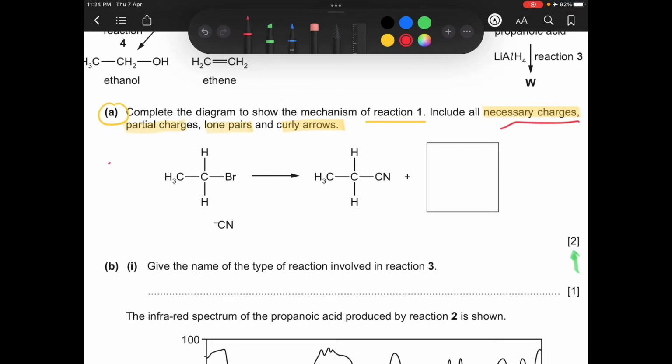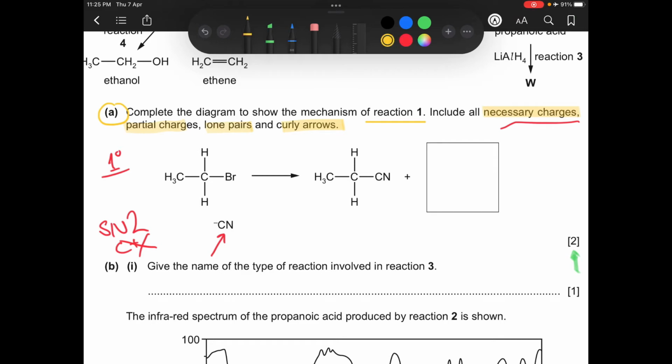This is a primary halogenoalkane. Once you have a reaction of a halogenoalkane with a nucleophile, then it's SN2, which means you won't have a carbocation in this case. So this process will take place very fast and in one step.